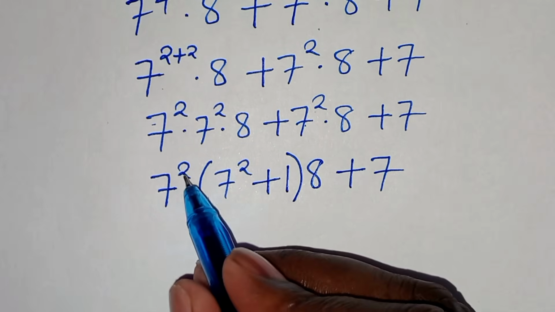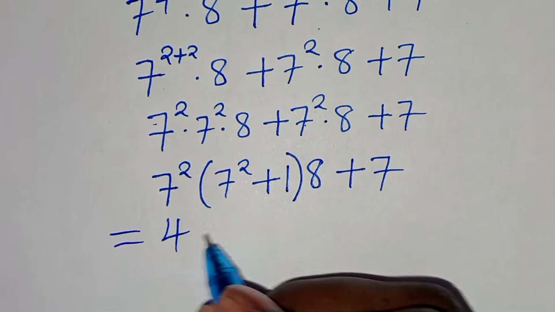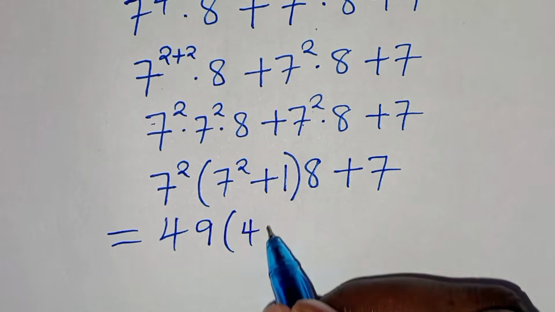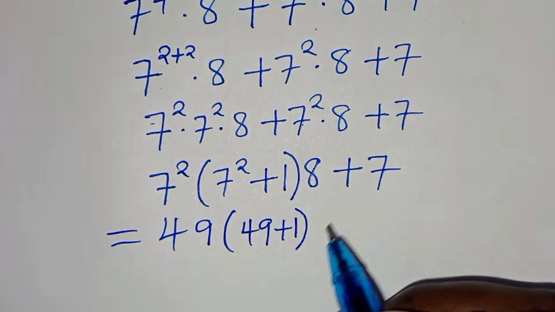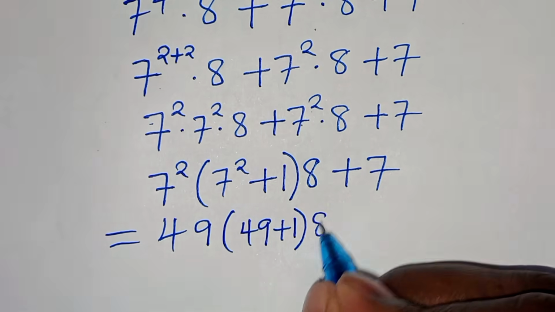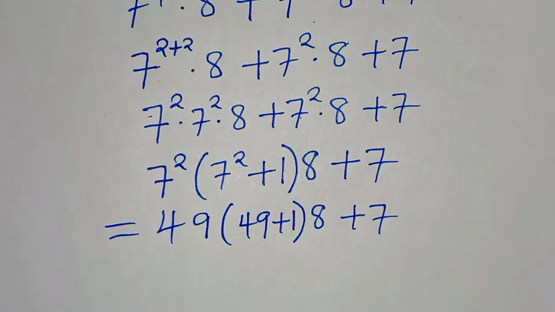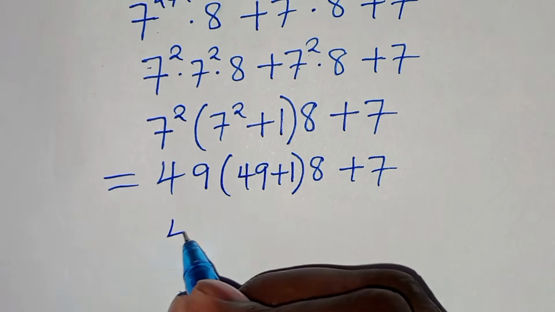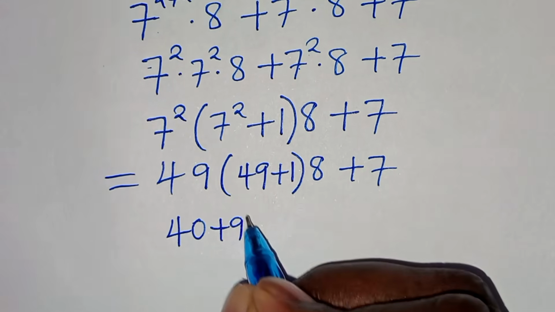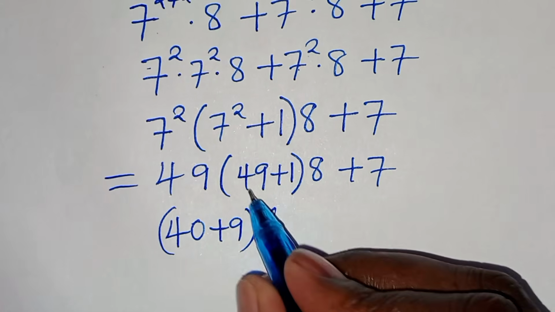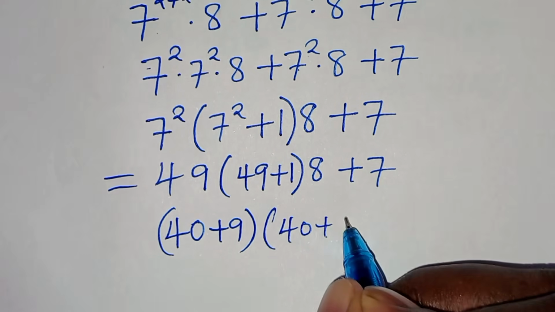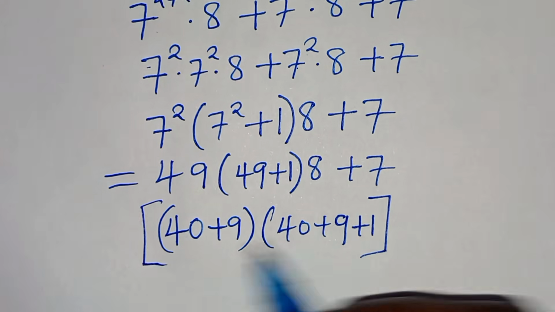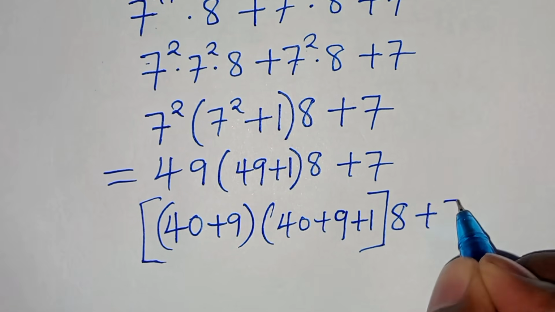So we have 7 squared, this is equal to 49, into the parentheses. This is 7 squared, which is 49, plus 1, then multiplied by 8, then plus 7. So this is 49. We can express 49 as 40 plus 9, then plus 1, everything here multiplied by 8, then plus 7.